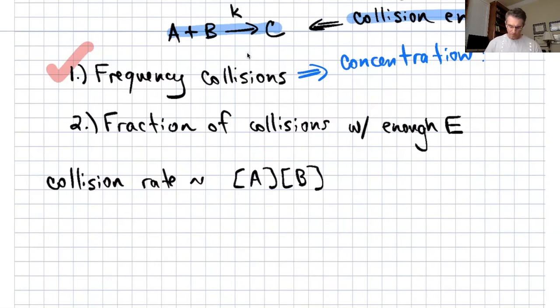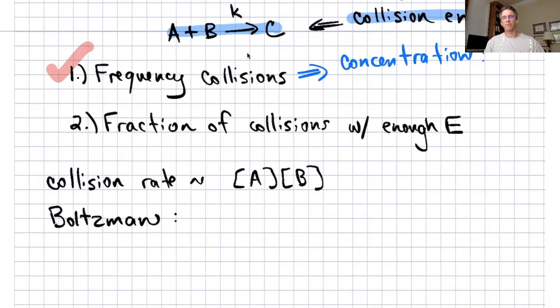Well, turns out another famous physicist by the name of Boltzmann figured that out for us. The Boltzmann distribution had already been worked out and shown to be an exponential function of energy.